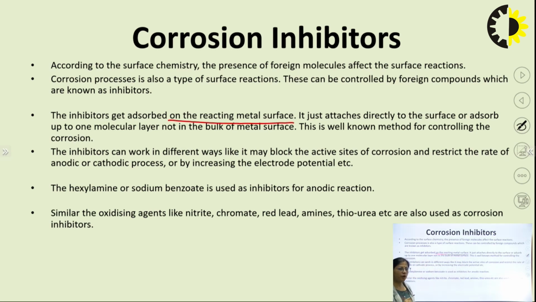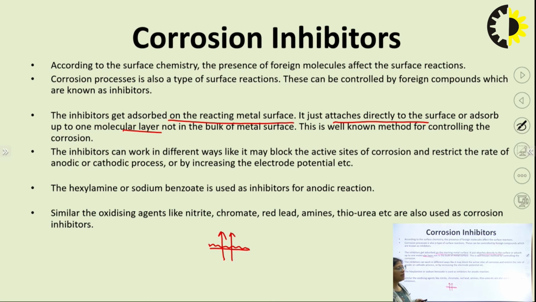And when they get absorbed, they attach themselves directly to the surface and absorb up to one molecular layer. So if this is the anodic surface, these inhibitors are going to get absorbed over the anodic surface, hence covering the anode and preventing it from directly coming into contact with the corrosive environment, and not in bulk of the metal surface. This is a well-known method for controlling the process of corrosion.